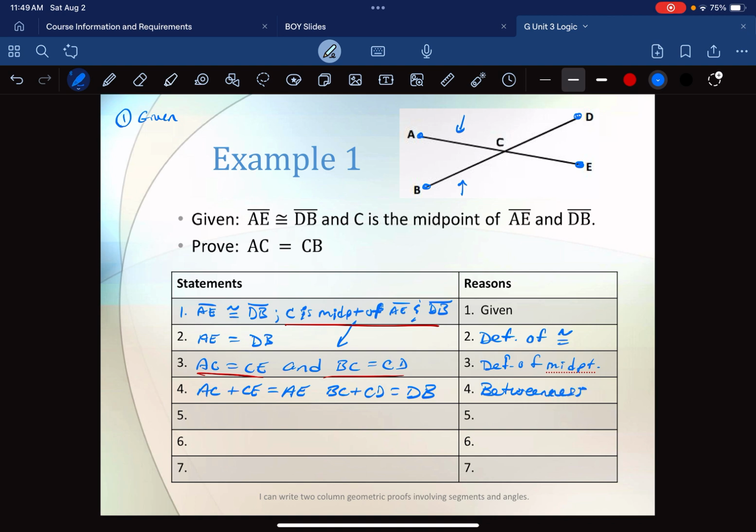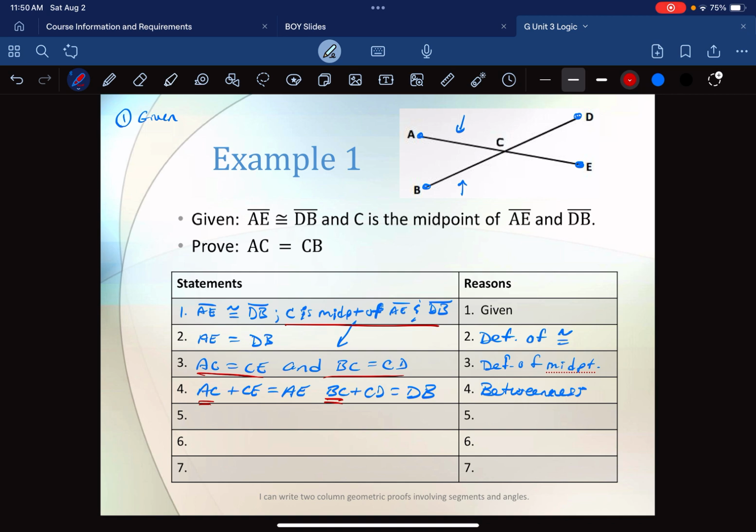So I'm almost finished here. I need to get AC equal to CB. Oh, you know what? No, here's CB right here. So I need to somehow get AC equal to BC. So what can I do, class? What can I do here?